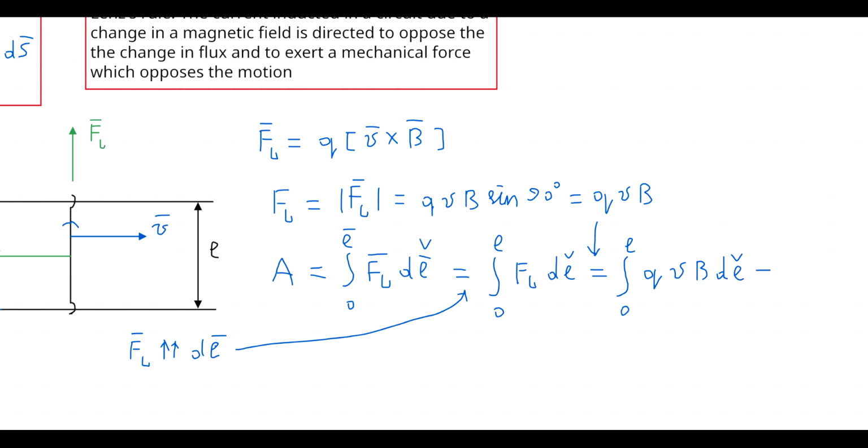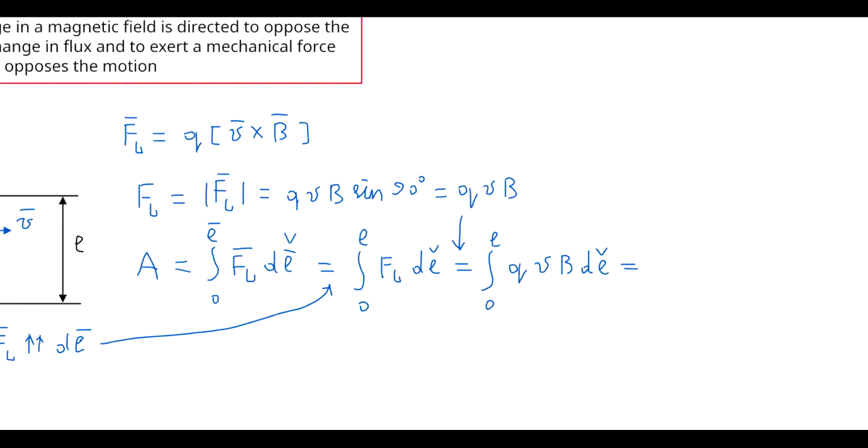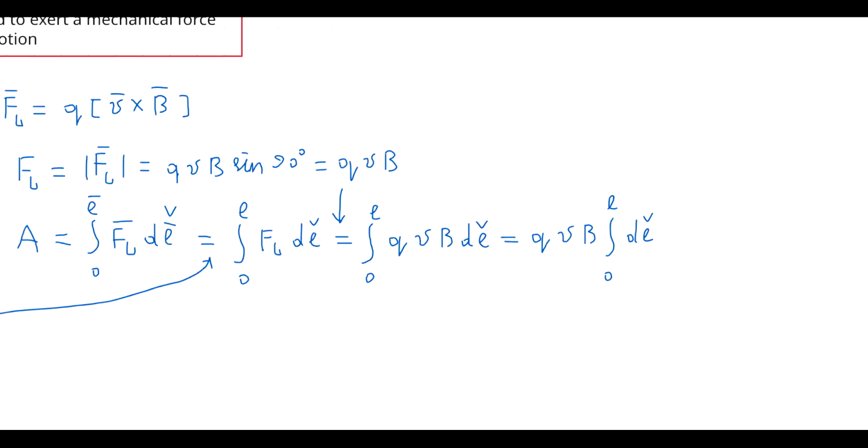So we'll have QVB integral from 0 to L of dl, and of course it will be equal to QVB multiplied by L. Okay, do you have any questions?